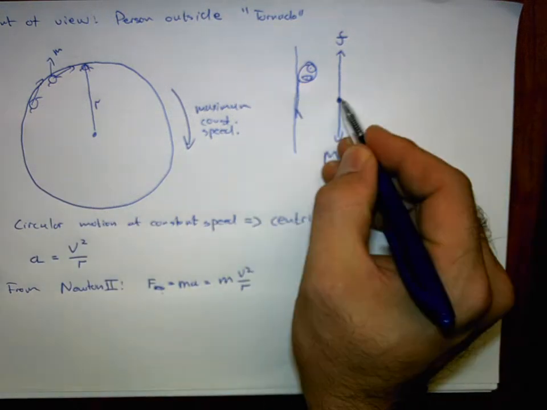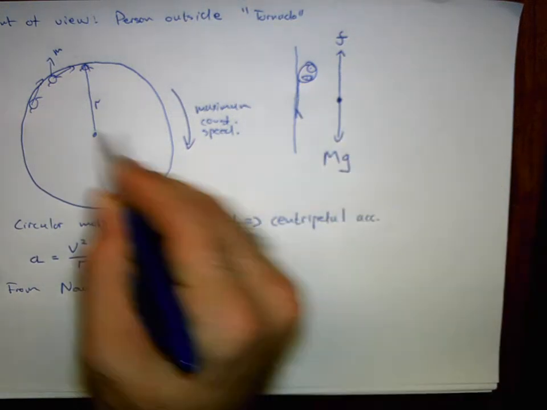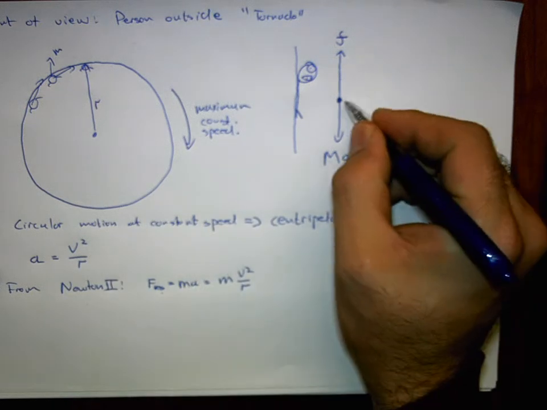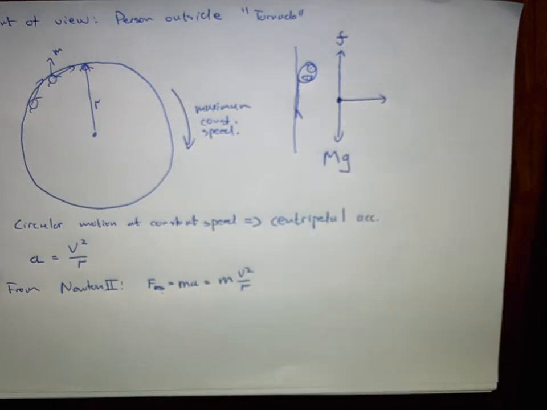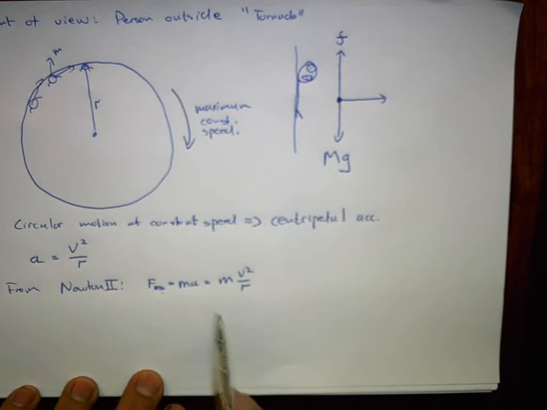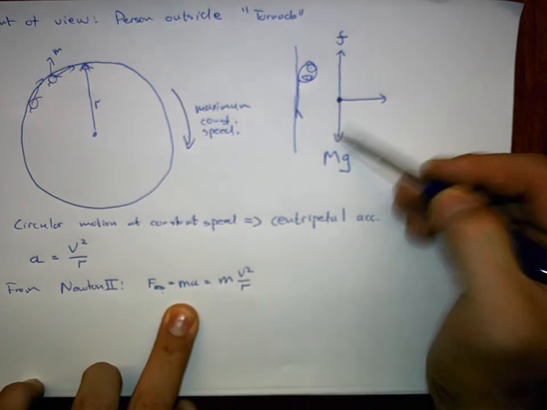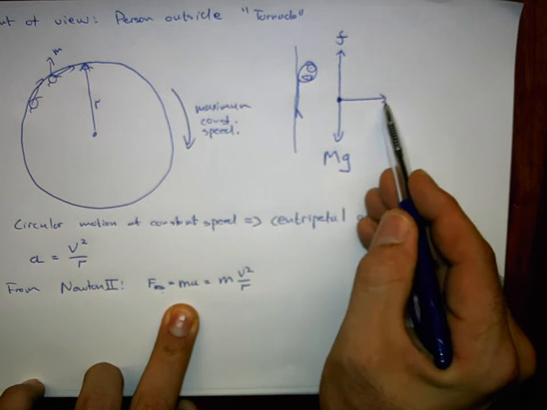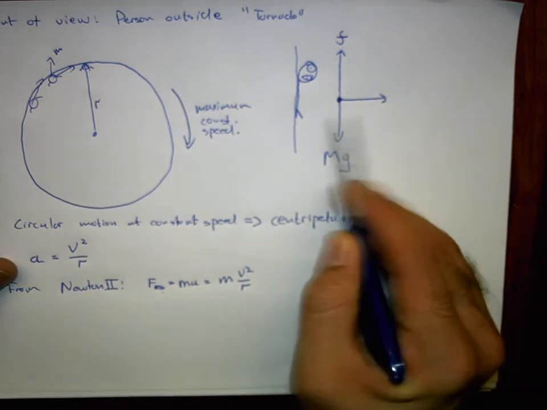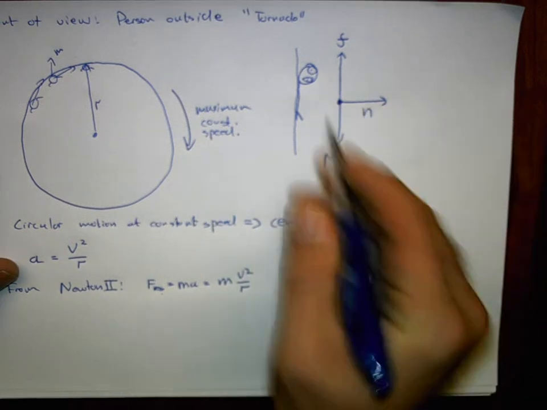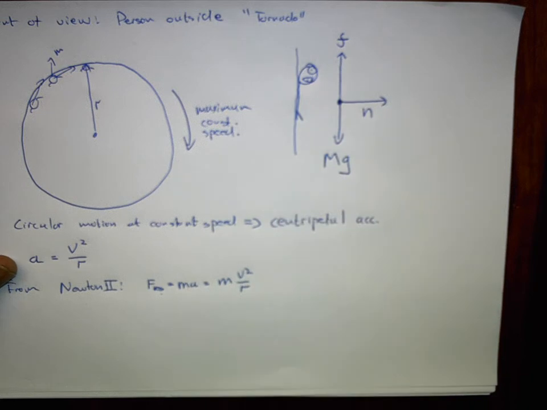So in the direction towards the center of this rotating barrel, there must be a force, because Newton's law tells us we've got centripetal acceleration. These two forces cancel out. So centripetal acceleration means I've got a resultant force in that direction. And all that is, it's the normal force from the wall on the person.